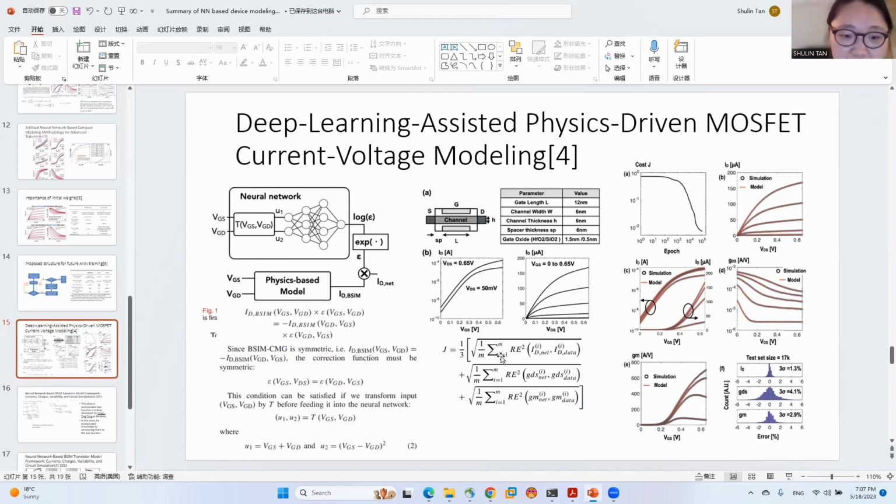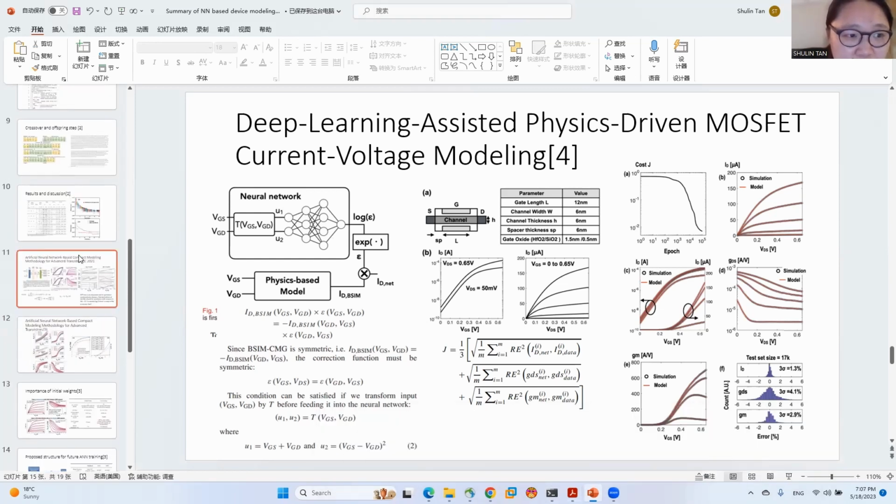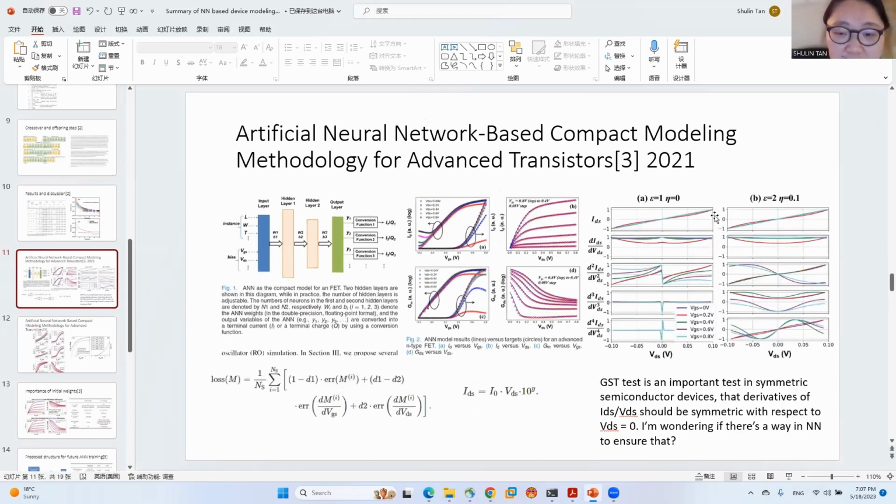First they updated their loss function, and the second thing, which I think is worth discussing, is that there's something called the Gummel symmetry test in semiconductors.